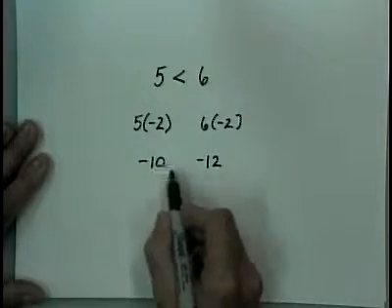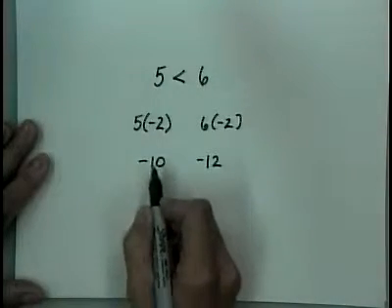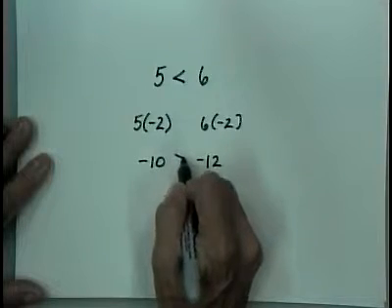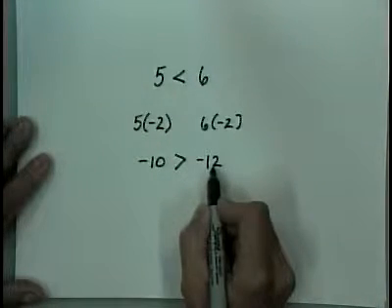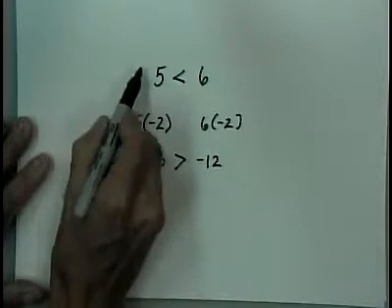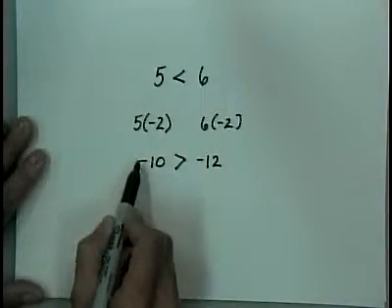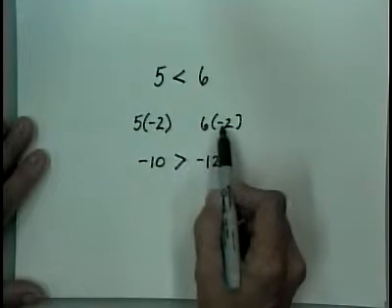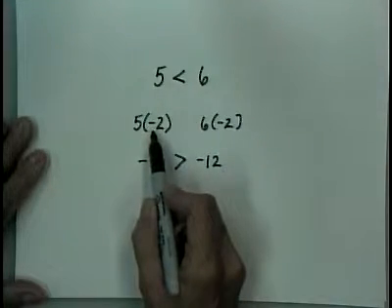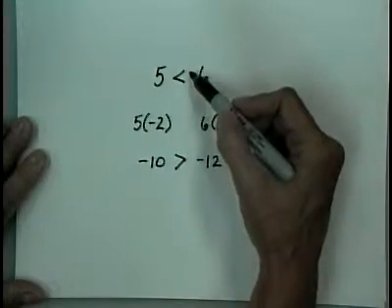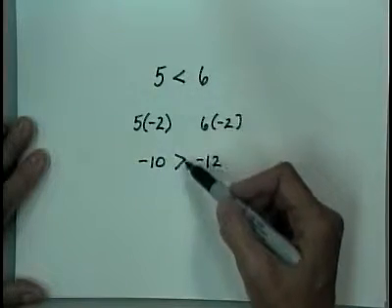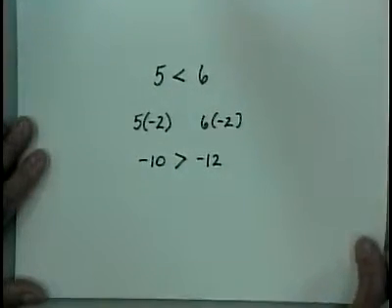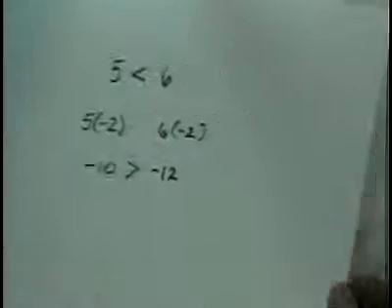And I know that negative 10 is greater than negative 12. The point of this is to emphasize that if you take an inequality and multiply each side of it by the same negative number, the direction of the inequality changes. So keep that rule in mind, and let's solve some inequalities.